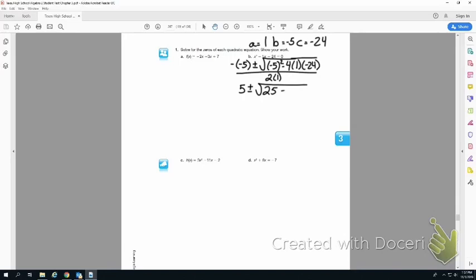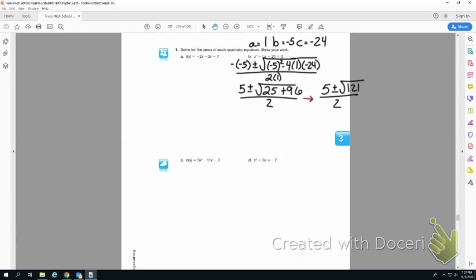Okay. All of that is over 2 times 1, which is 2. So the next step, I'm just going to add 25 plus 96. So I got 5 plus or minus the square root of 121, over 2.